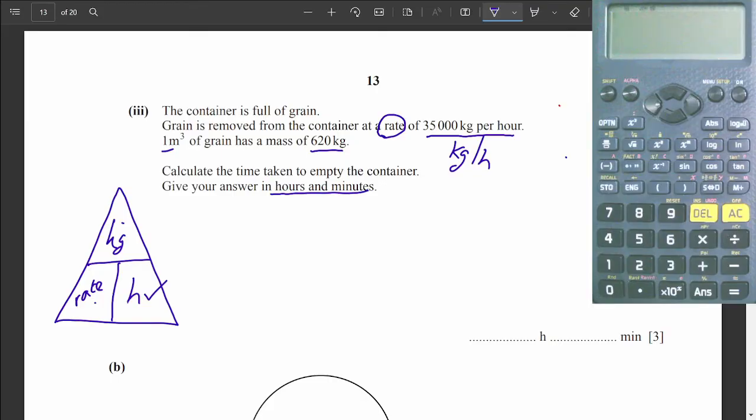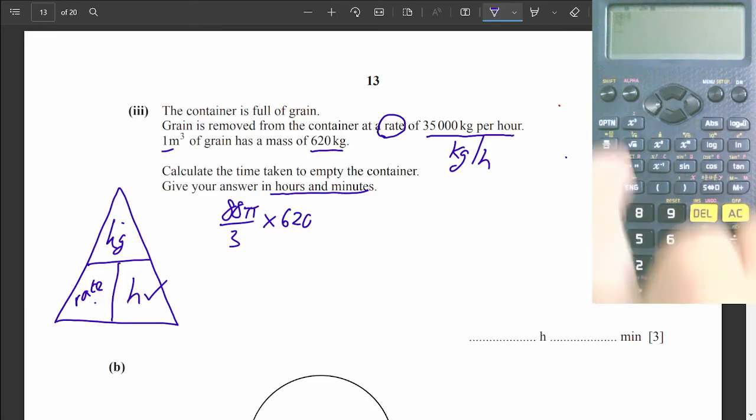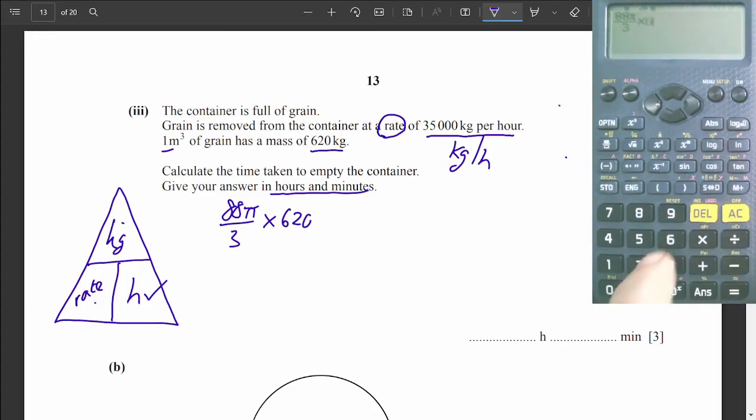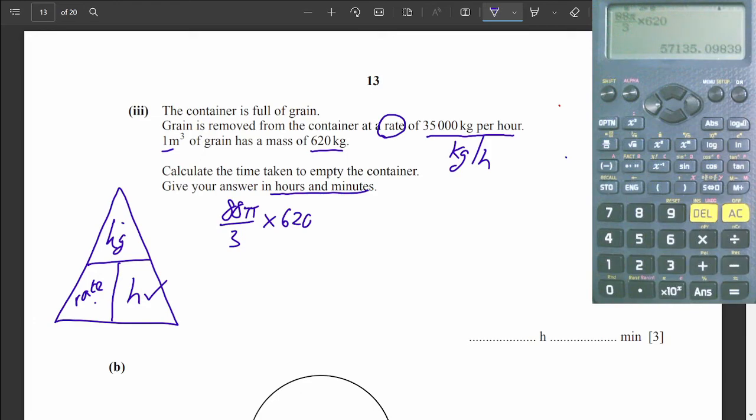So that will be 88 pi over 3 times 620. Let's do that. And we get this big answer. Either way you want to write it is fine, as long as you don't round it yet, because this is not the final answer.